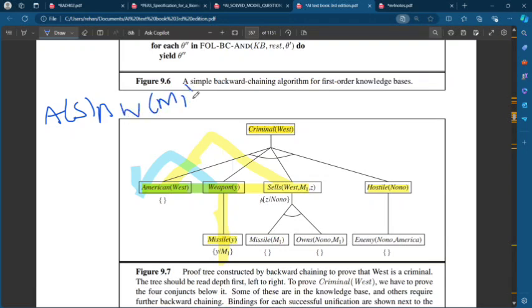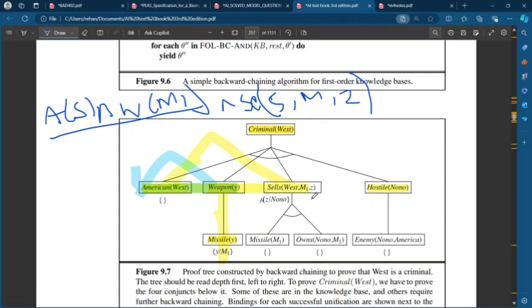weapon M1. Then again I'll write, for this to be true, if Solon has to be American, then it should be proved that Solon sells missile to some country Z. Now owns nono comma M1, and here missile comma M1 is there.